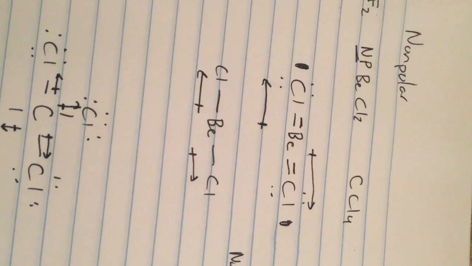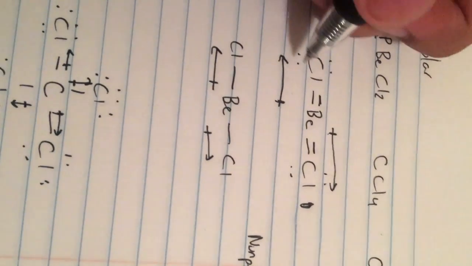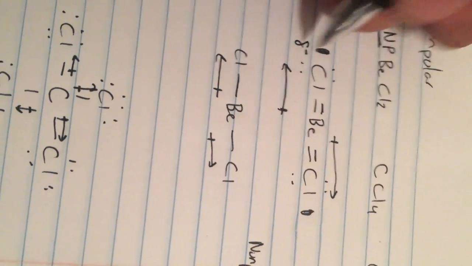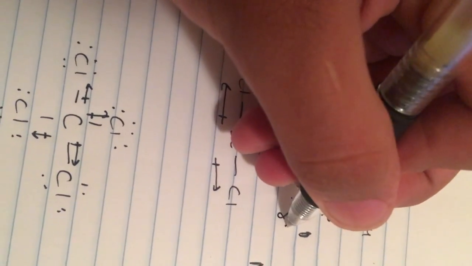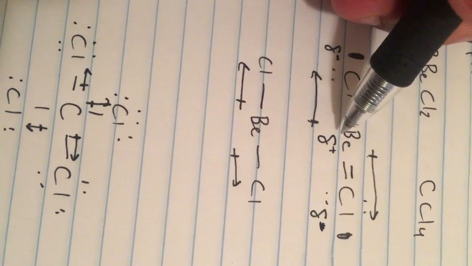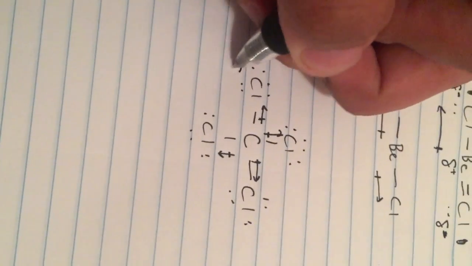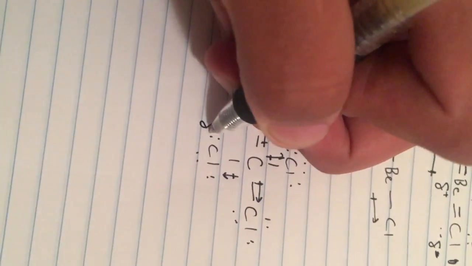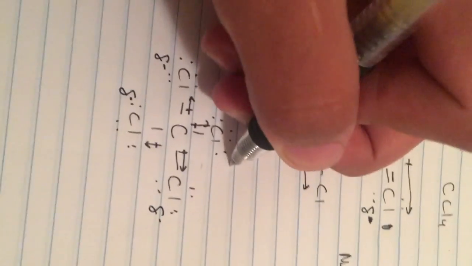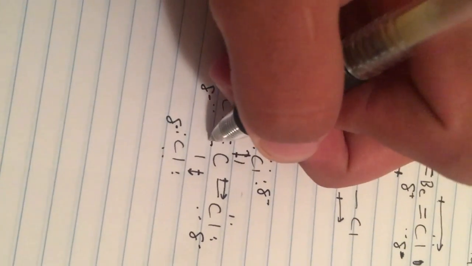And I actually forgot to do the partial charges for this one, but the direction in which the dipole is going has a negative charge, and the central atom in this case would have the positive charge. So do that for this one too. Negative, negative, negative, negative, and the carbon would have a slightly positive charge.